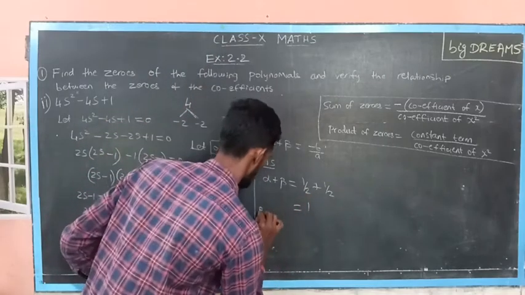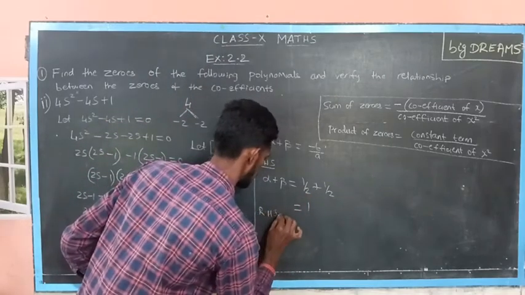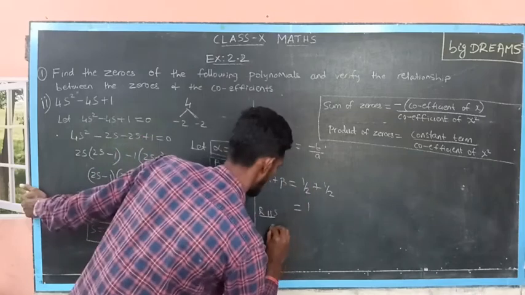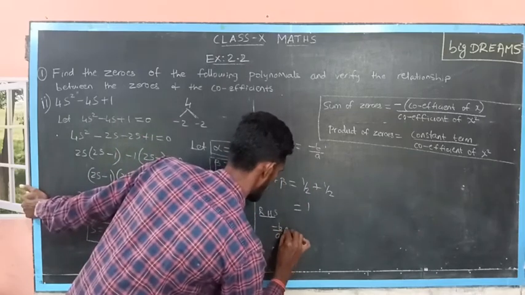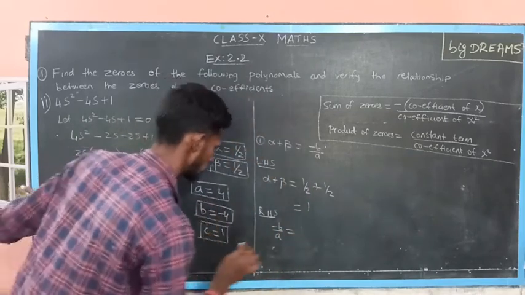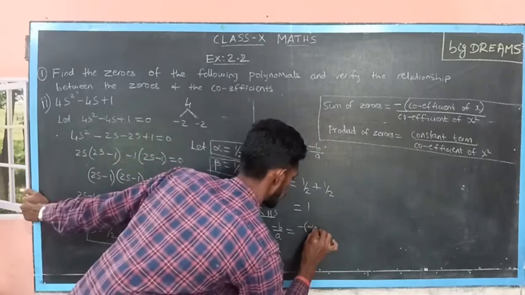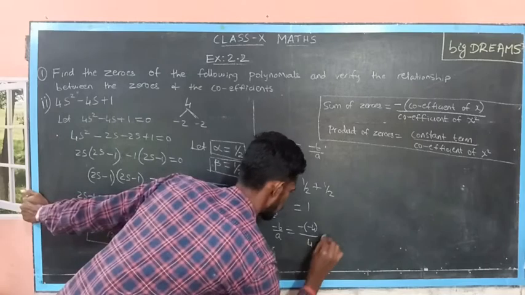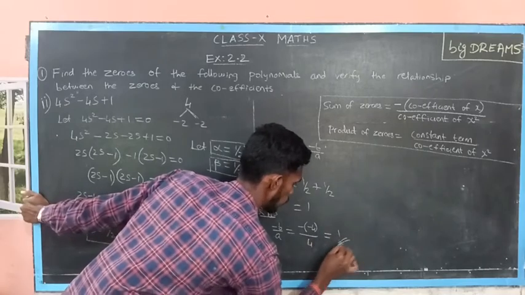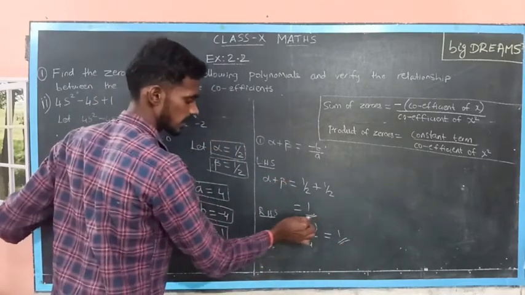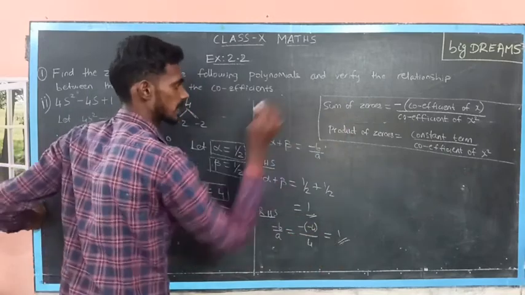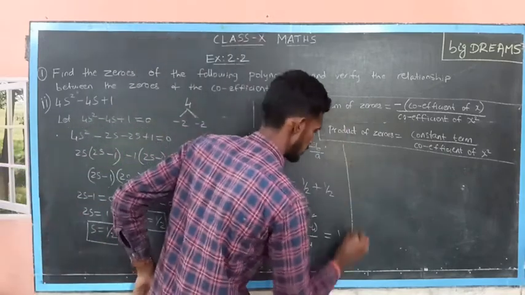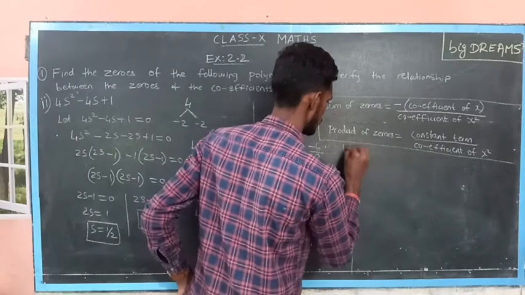Then consider the RHS, minus b by a. Here b value is minus 4. So, minus of minus 4 by a value 4, which is 4 by 4, that is equal to 1. Thus, LHS is equal to RHS. First condition is verified.